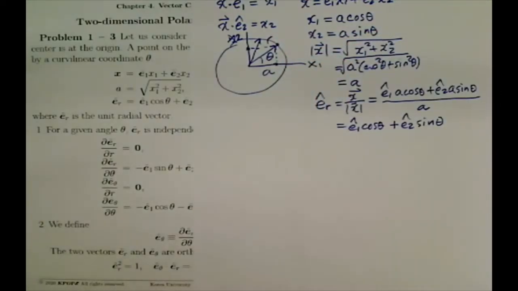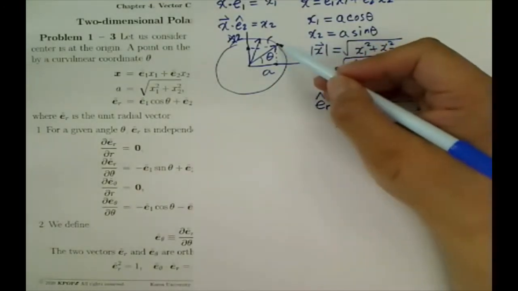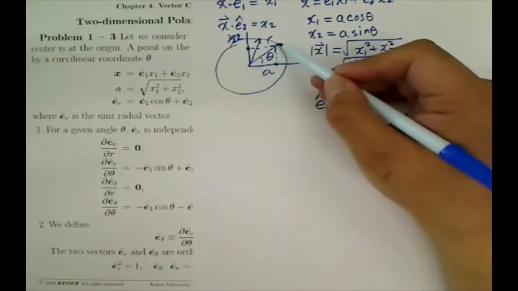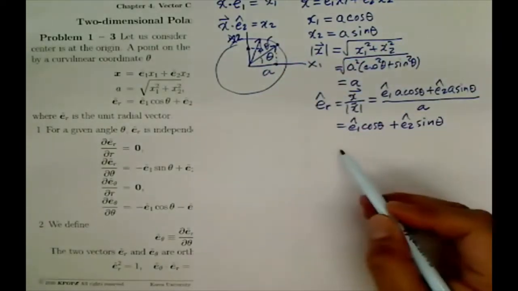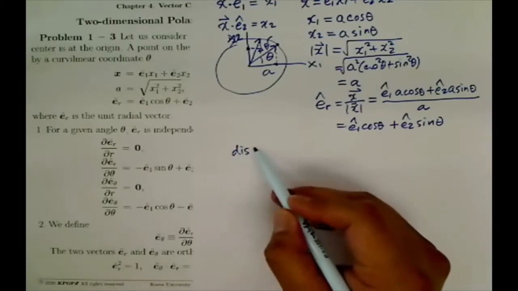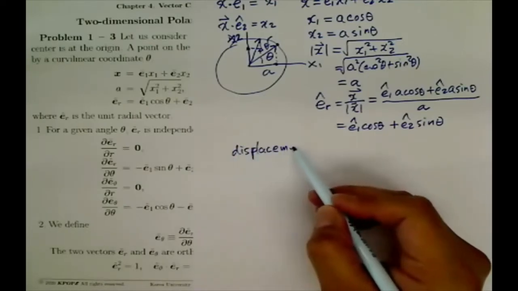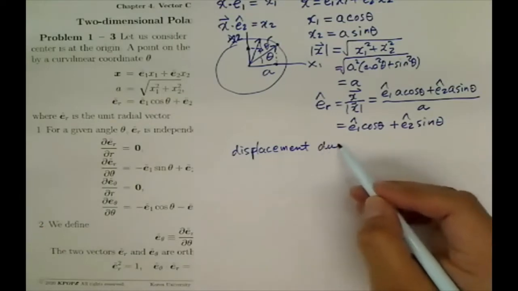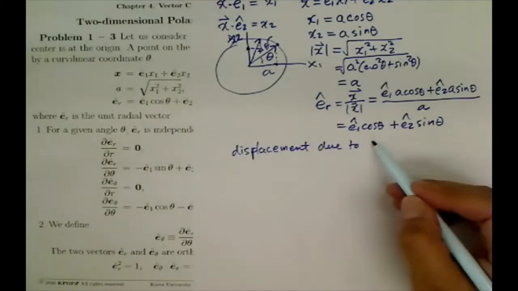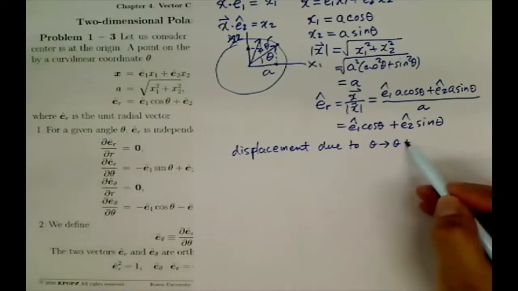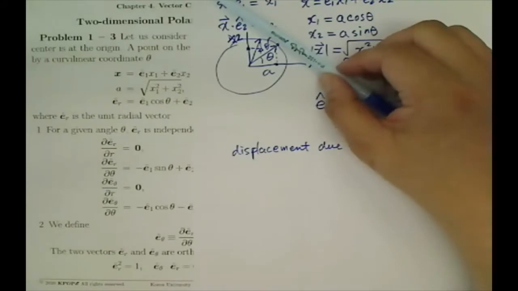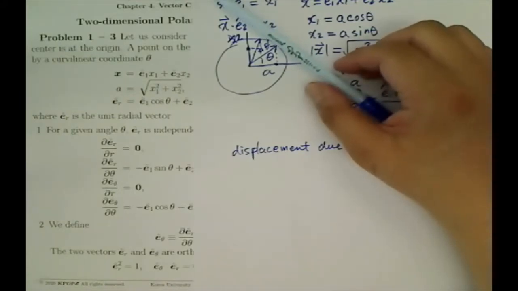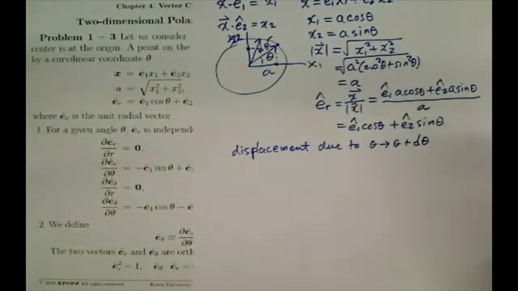So if I take the differential, the displacement from theta due to the transformation, in the differential, infinitesimal limit this becomes tangent to this circle.